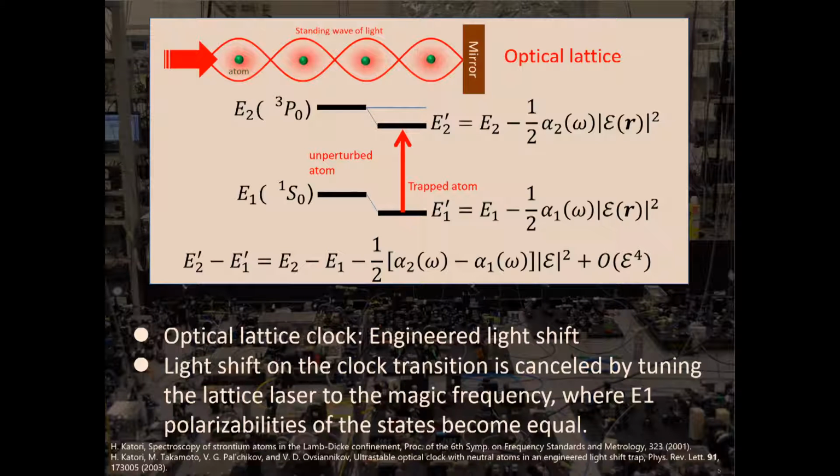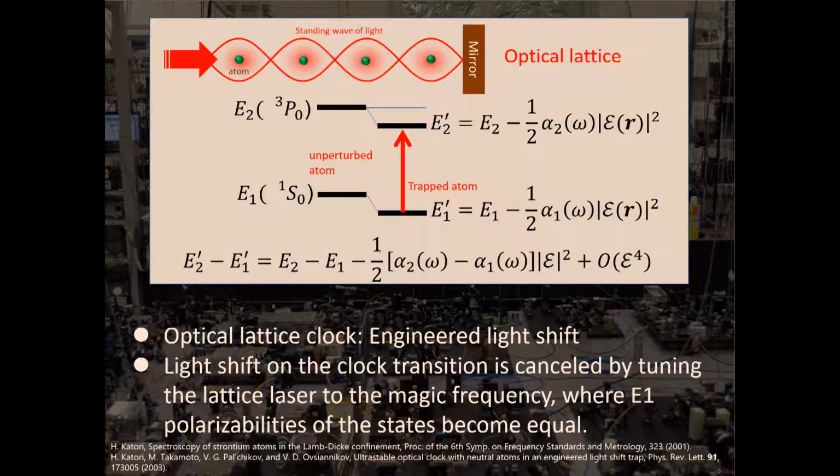The essence of the optical lattice clock is the engineered redshift. In an atomic clock, we measure the transition from the 1S0 ground state to the 3P0 excited state. If you confine the atoms in an optical lattice, the standing wave of light, this perturbation modifies the transition frequency. Our trick is that this is the Stark shift, and this is the Stark shift of the upper state.